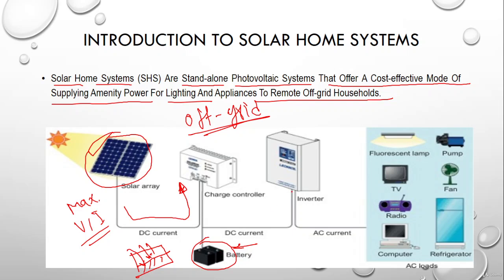Whenever we are using home appliances in the solar home system which run on single-phase voltage, that is 240 volts, or three-phase voltage, that is 415 volts, generally the solar home system comes under 240 volts. The television, radio, computer and refrigerator in AC format consume the standard voltage of 240 volts.